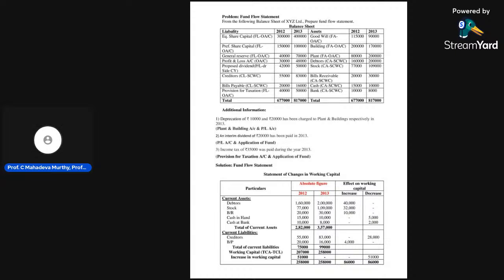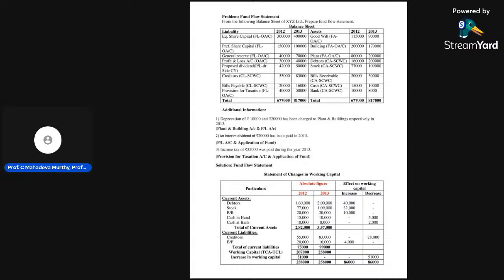Yes. Then next we need to consider the liabilities, current liabilities. What are the current liabilities there? Only creditors, CL, creditors in our balance sheet. See, previous year 55,000, the current year is 83,000.